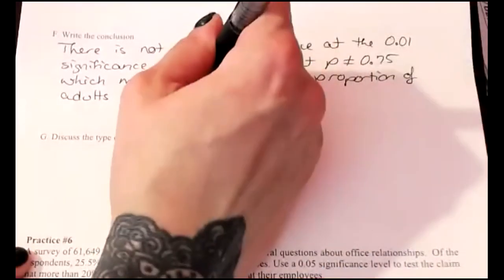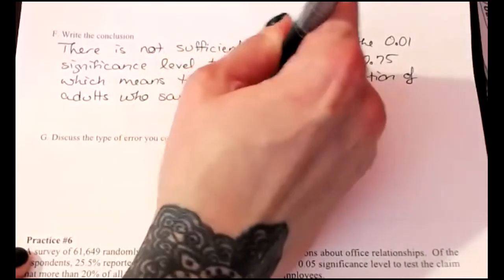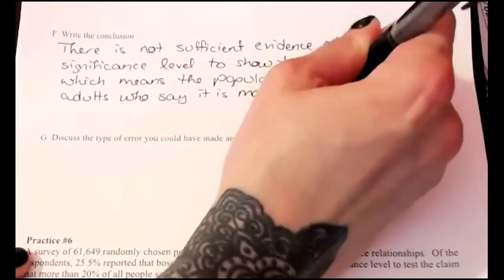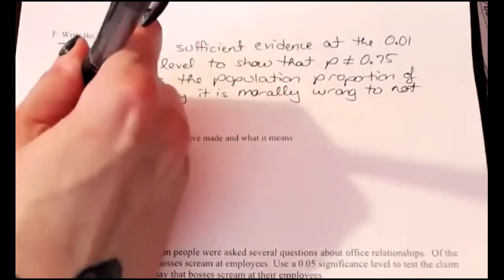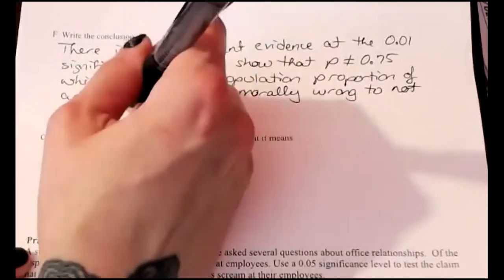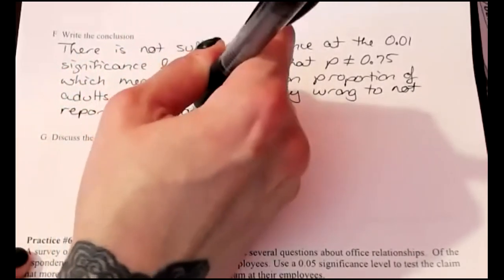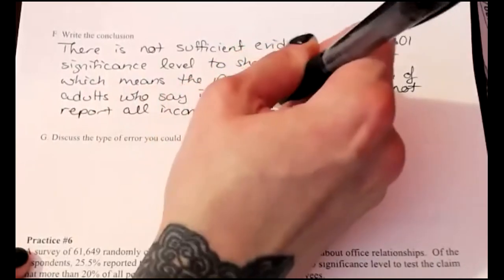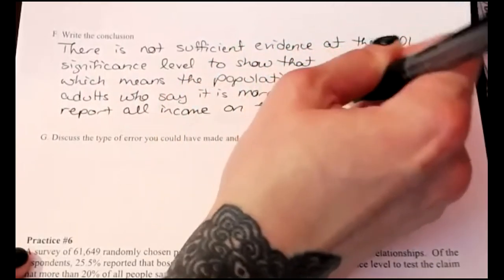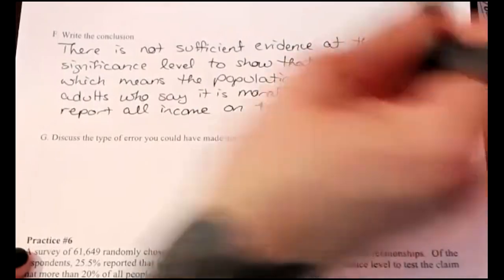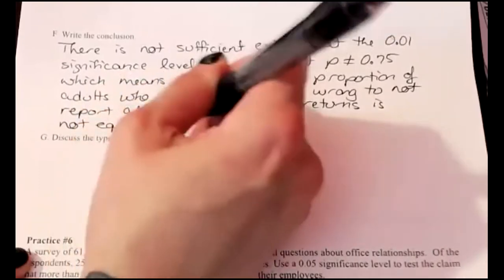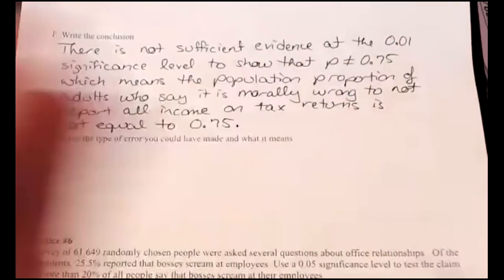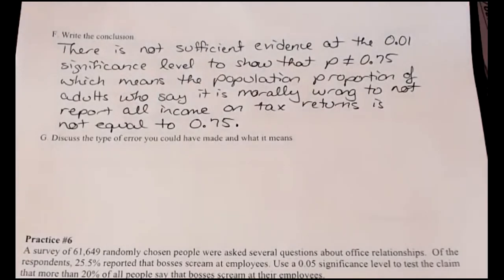Of adults who say it is morally wrong to not report all income on tax returns is, and I'll change it up, not equal to 0.75. You can write 75%. You could say is different from 75%. It all means the same thing.